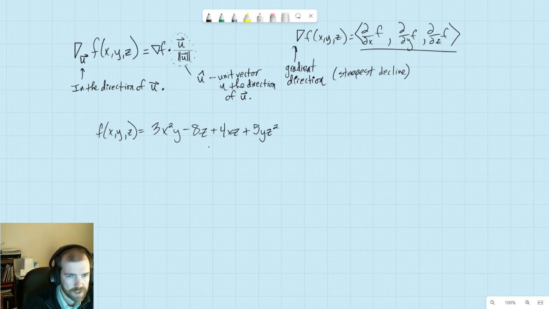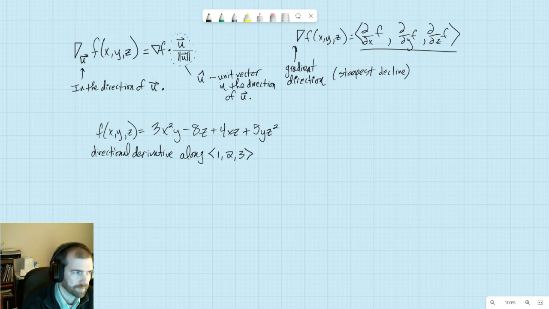Okay, so we've got this thing, and we want the directional derivative along vector 1, 2, 3, just cuz, right? From, because we can do that too.